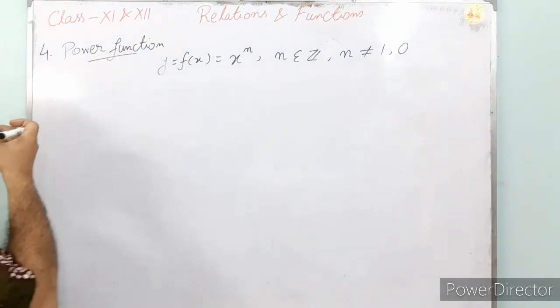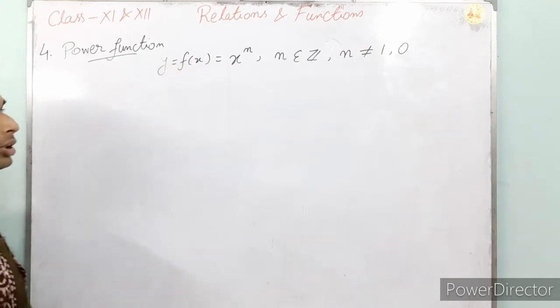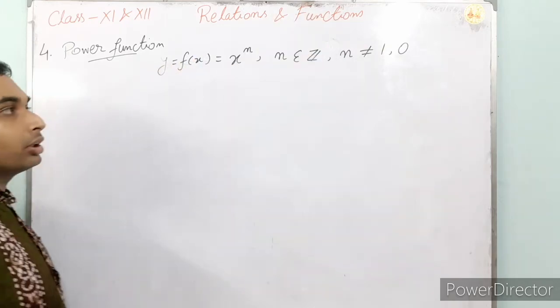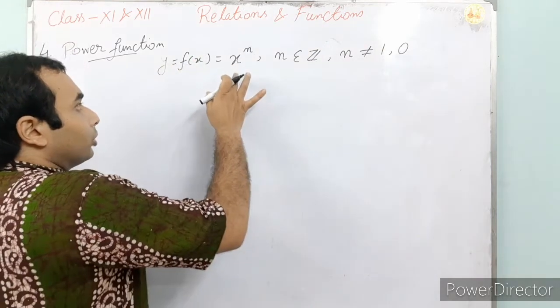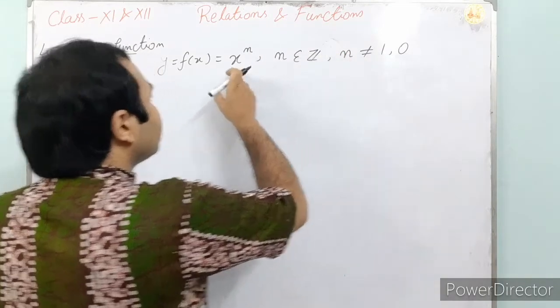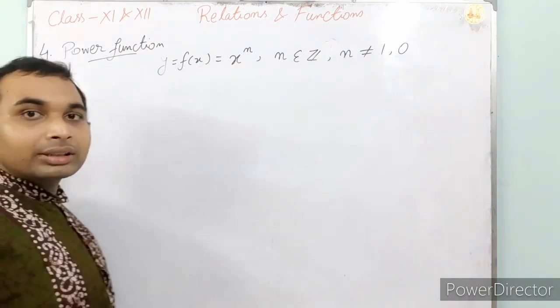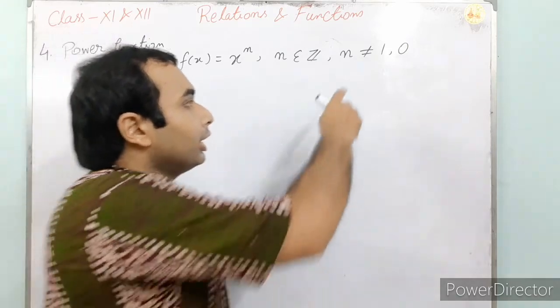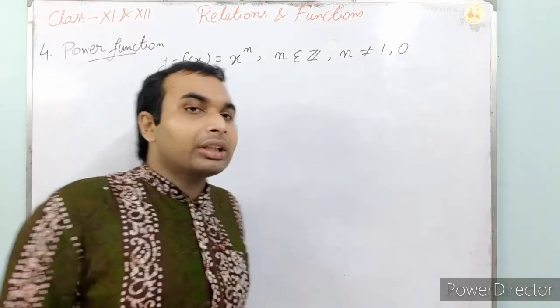Actually, if n equals 1, then y equals x, that is the identity function, and if n equals 0, then y equals 1, that is the constant function. That's why n is not equal to 1 and 0. I am taking it like that.